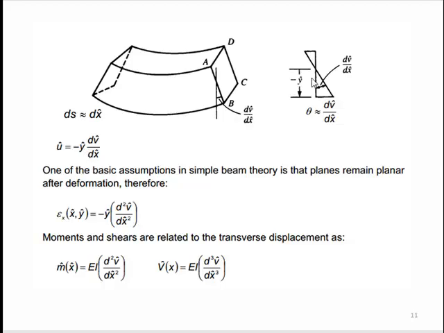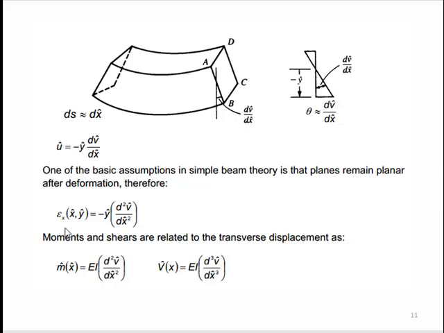If we consider this triangle with this as the base and this angle as dv by dx, then this perpendicular u would be equal to minus y into dv by dx. One of the basic assumptions in simple beam theory is that the plane section remains plane after the deformation.